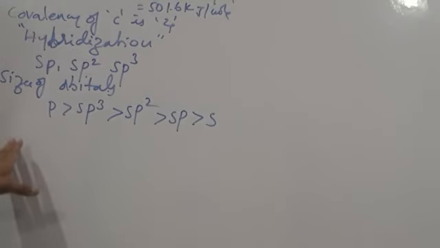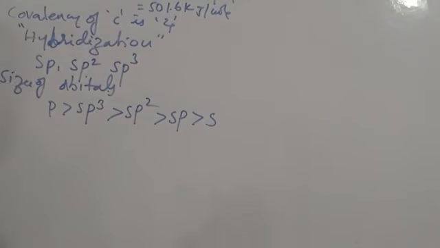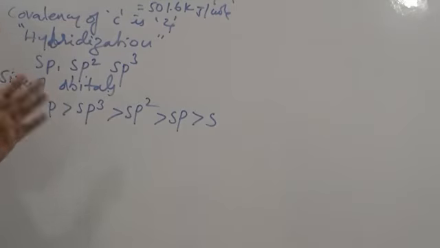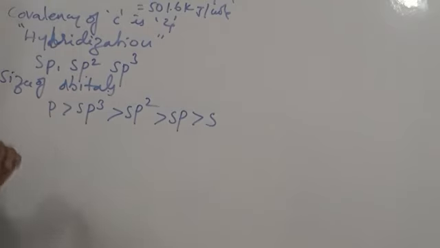Then carbon forms 4 covalent bonds. The very first bond formed by a carbon atom is a sigma bond. Along with sigma bonds, in some unsaturated compounds, carbon also forms pi bonds. So 2 types of bonds are formed by carbon: both sigma covalent bond and pi covalent bond.